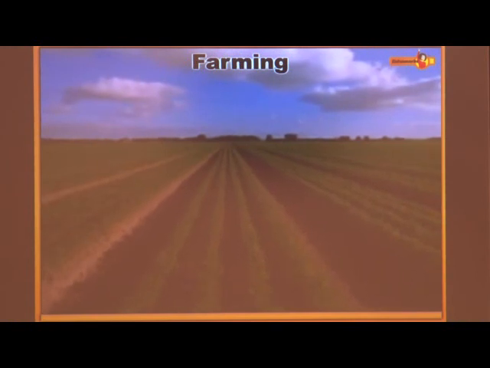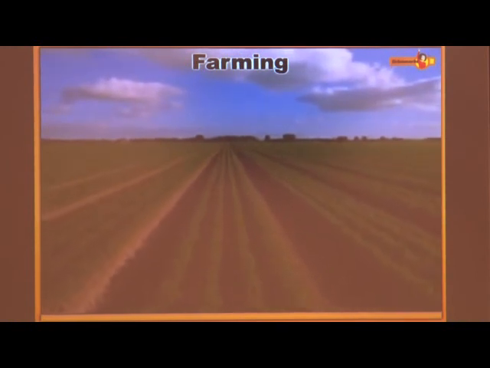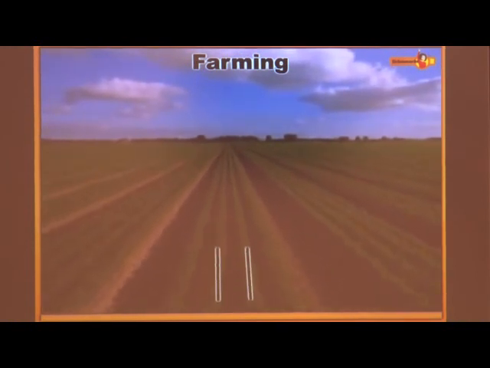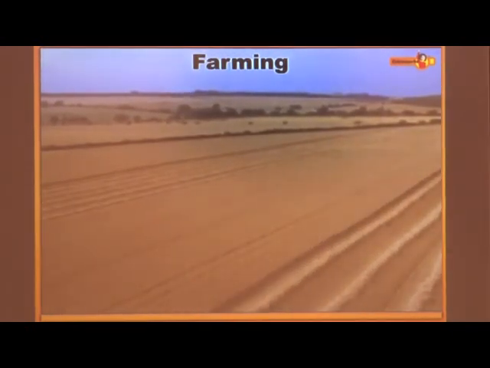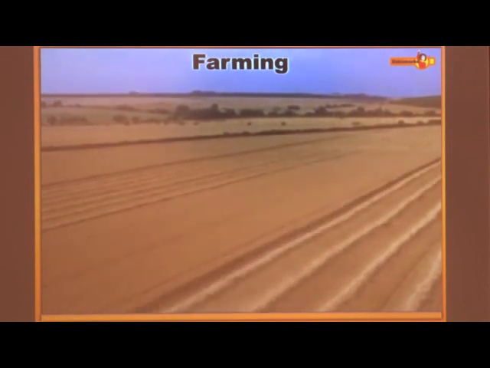We know that potato farming is done in parallel lines. On this wheat farm, we can see some parallel lines.